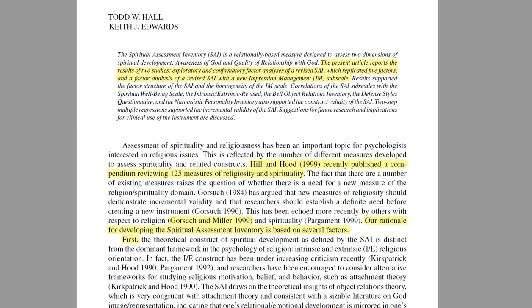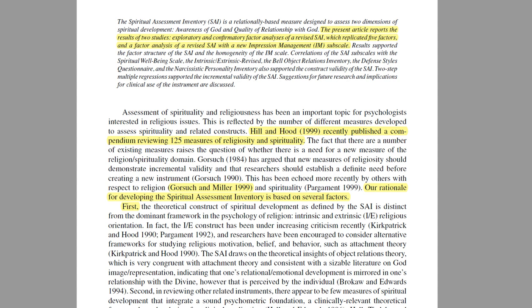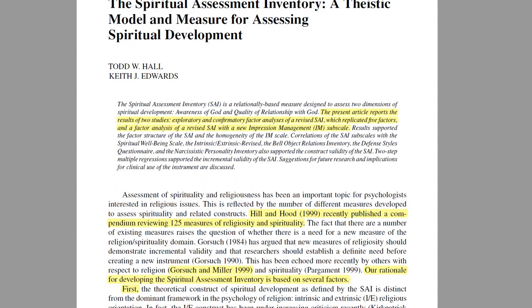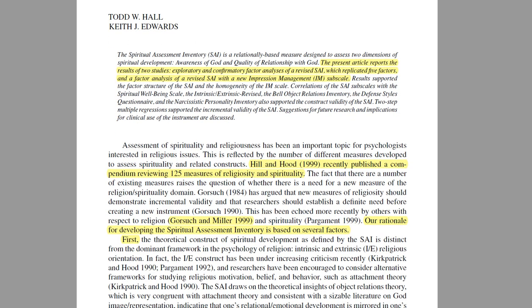Instead, I should be going to the Hill and Hood 1999 study, read it myself, and then cite them. And the same for this Gorsuch and Miller article. I don't necessarily want to cite them. If I do, then there are some APA rules, and I'm citing what Hall and Edwards said about the Gorsuch and Miller article, so this becomes a secondary source. And there again, I might lose some of the details or some of the precise explanations of what actually occurred in the Gorsuch and Miller article.